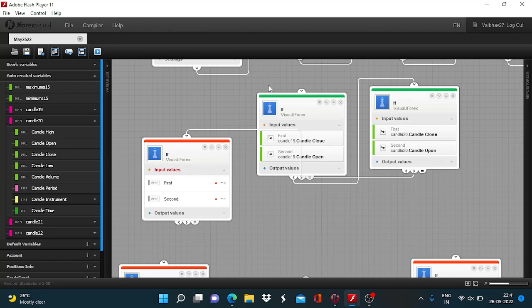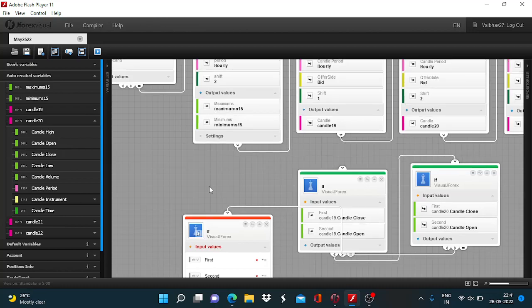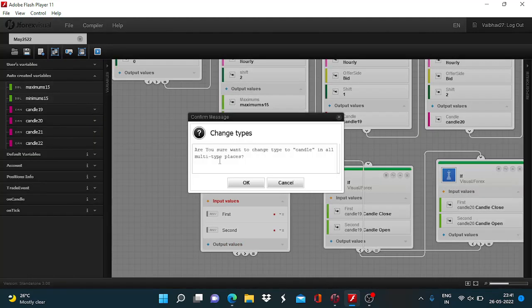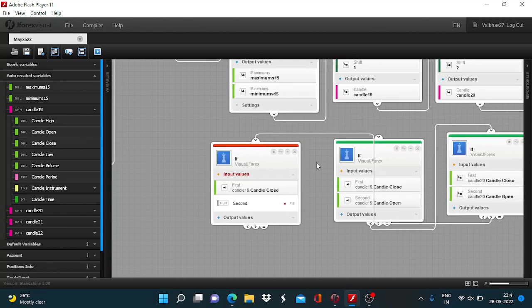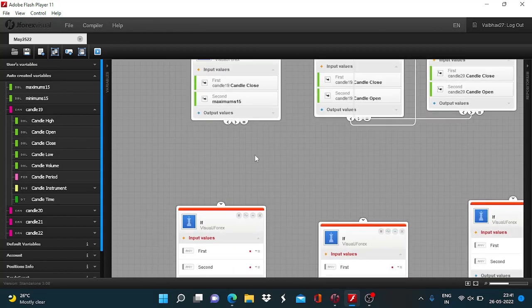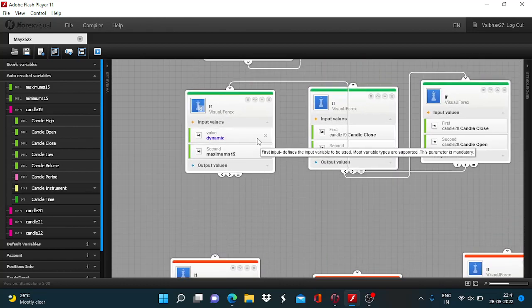We also need to ensure that the opening price of the last hourly candle was below the resistance zone. So for that, again, I need to take candle 19 candle close and compare it to the maximum 15. So here again, this needs to be first input, not closing price.